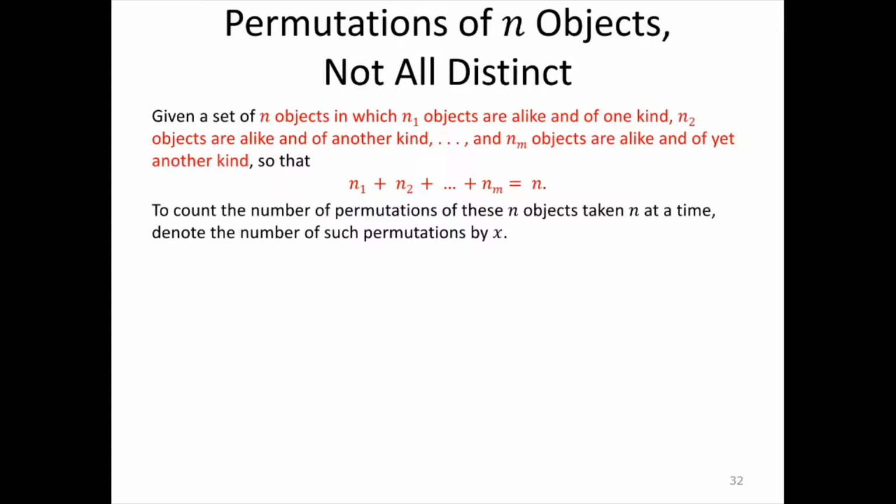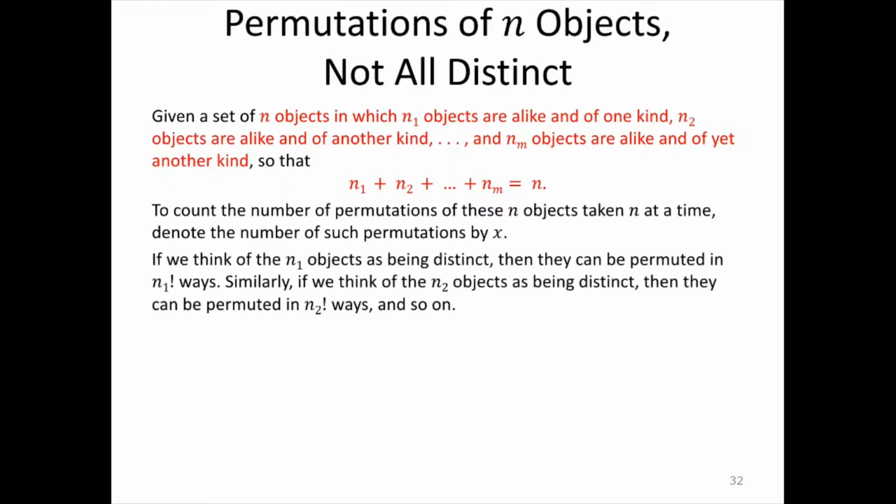Say the number of such permutations is x. If we have distinct objects instead of similar objects, of course the number of permutations for these n1 objects is n1 factorial, and it's the same with n2 and so on.